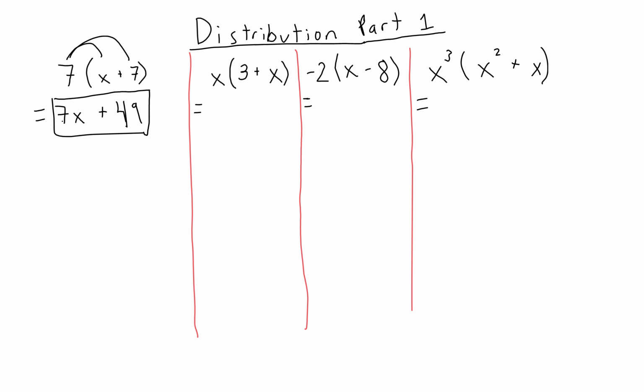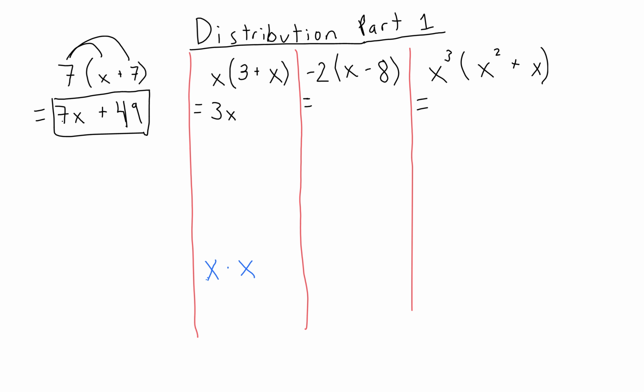What about with variables? We have, in the second problem, x times the quantity 3 plus x. Well, x times 3 is 3x. But then, and I'll just kind of make a note at the bottom of this, the second distribution is x times x. It's not 2x.